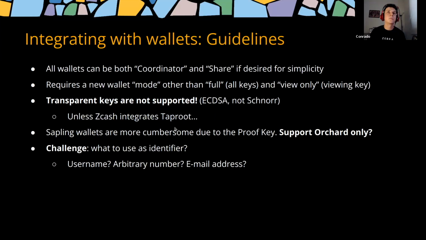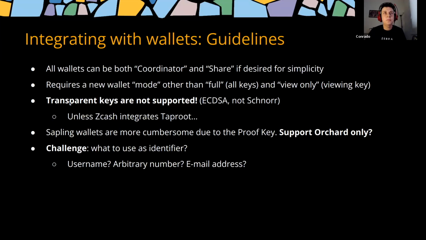So just to be sure, right? I split into coordinator and share wallets, but they could be the same wallet. Whoever wants to start the process will be the coordinator. But you will need a full viewing key mode for the wallet.